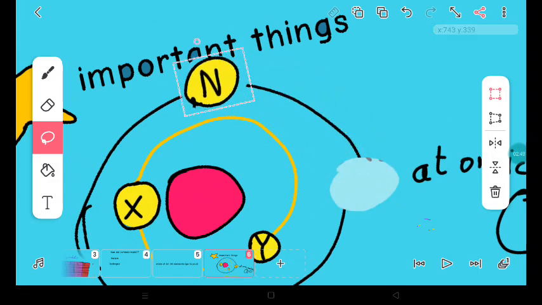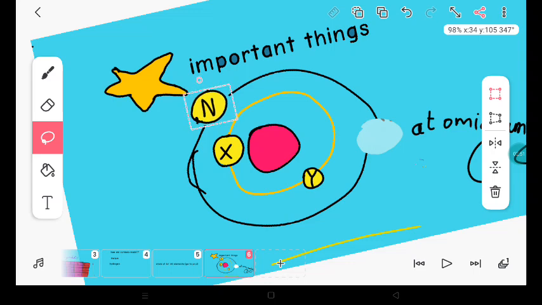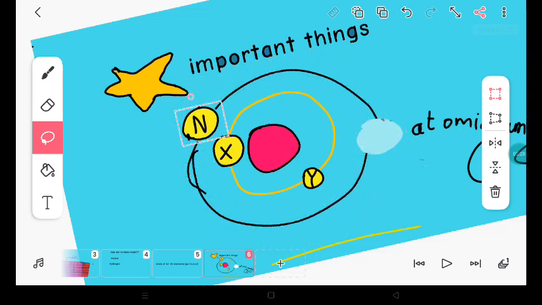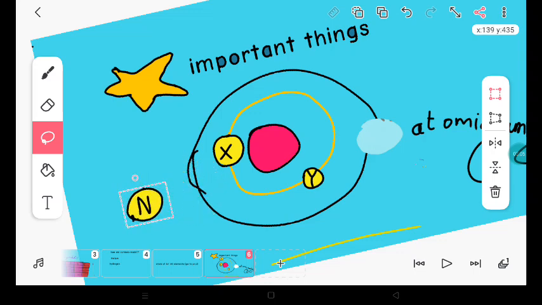The electronic orbit means the path which the electron walks on. The electron is only allowed to walk on this path. If it walks on any other path, for example here, then it will go to jail.